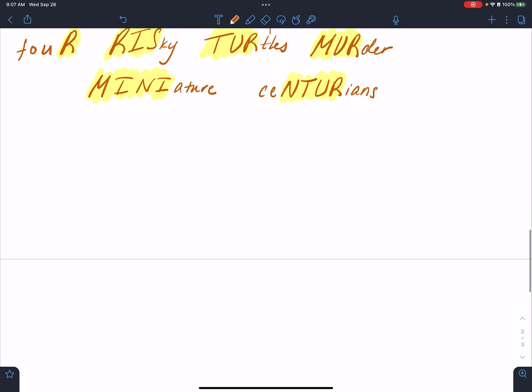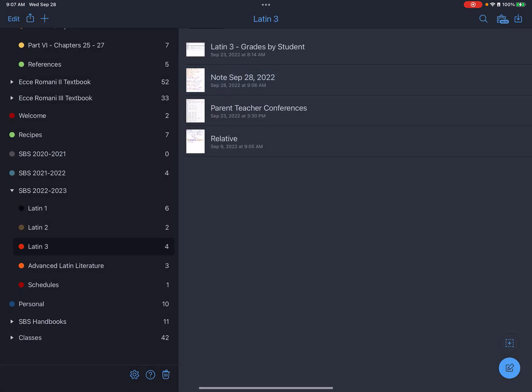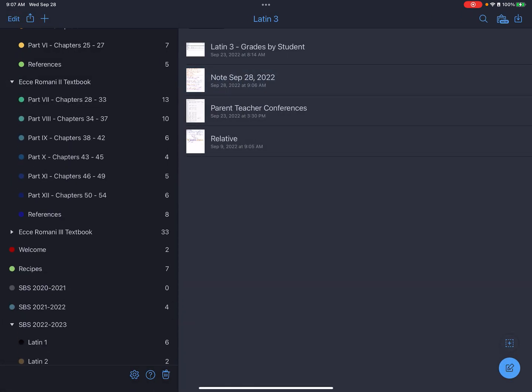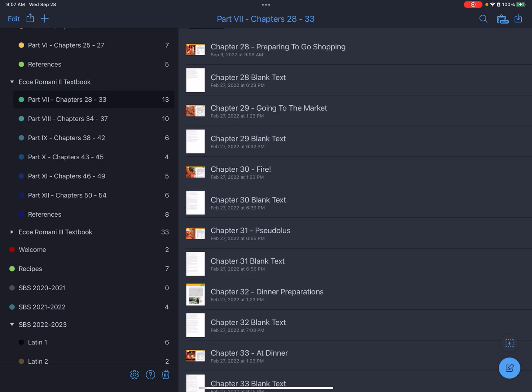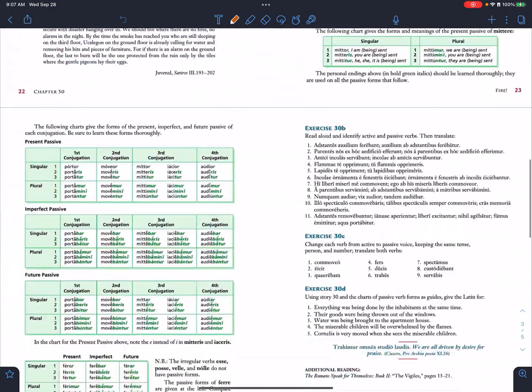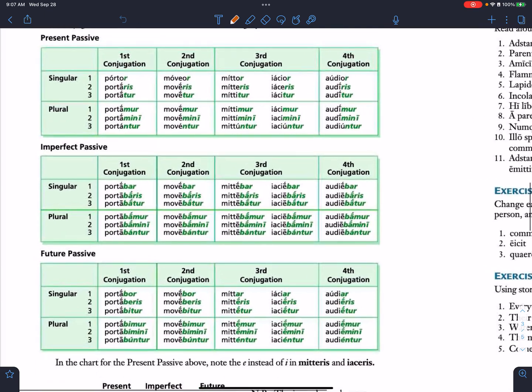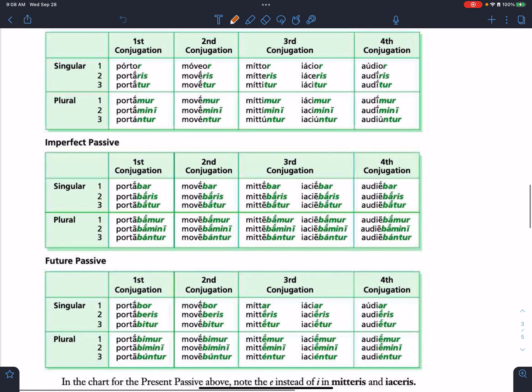Okay, so let me show you what these forms look like. If you notice, on this page, all of them have the passive endings. So let's take a look. First conjugation, porto, portare: or, ris, tur, mur, mini, ntur.